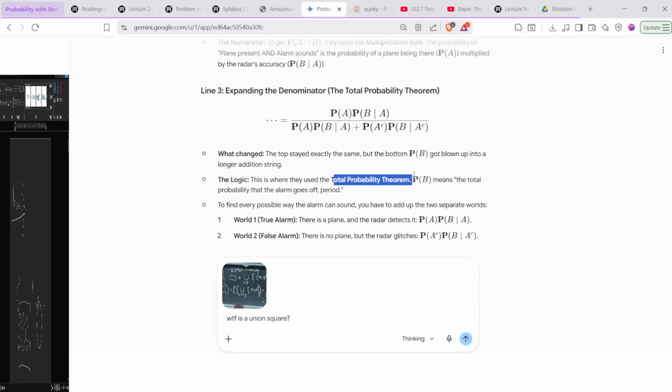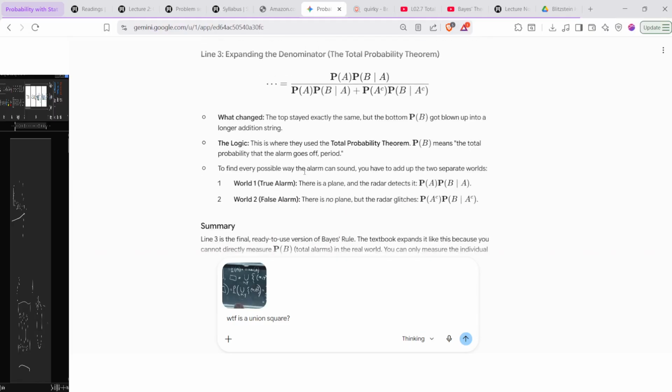Total probability theorem. Period. What the fuck? Text it. The text it. Also, there's no glitches.